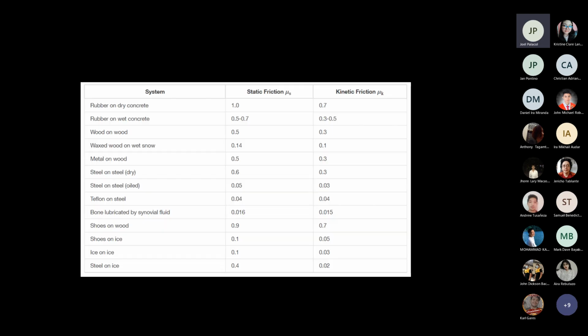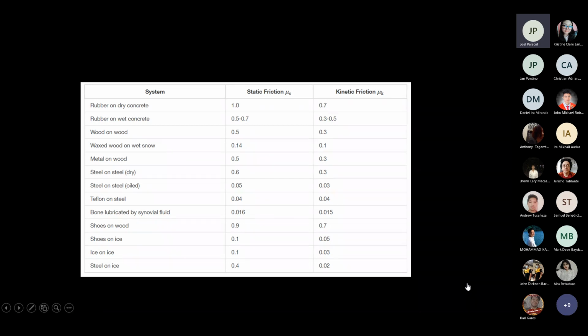Here is the table of values of the static and kinetic coefficient of friction for various systems or surfaces that are in contact. Rubber on dry concrete, the coefficient of static friction is 1 and the kinetic friction is 0.7. Now, steel on steel, dry. Static friction is 0.6, kinetic friction 0.3.